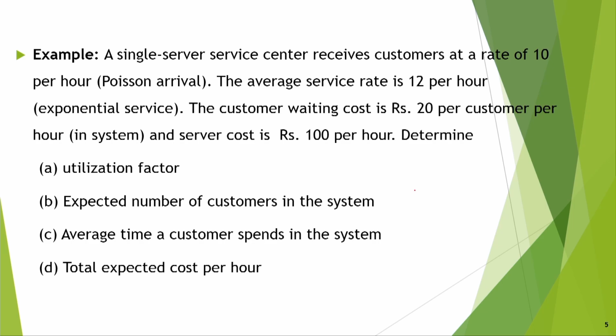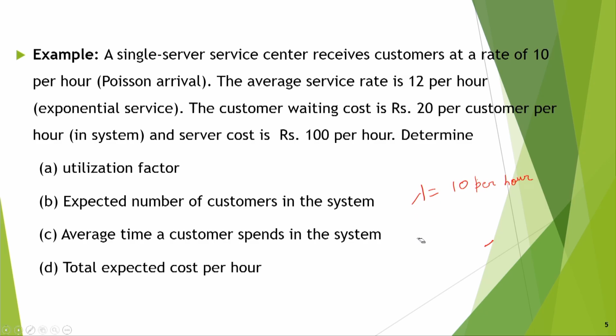So here we will say lambda equal to 10 per hour. So lambda is given. The average service rate is 12 per hour, exponential service. So service rate is also exponential, inter-arrival time is also exponential.